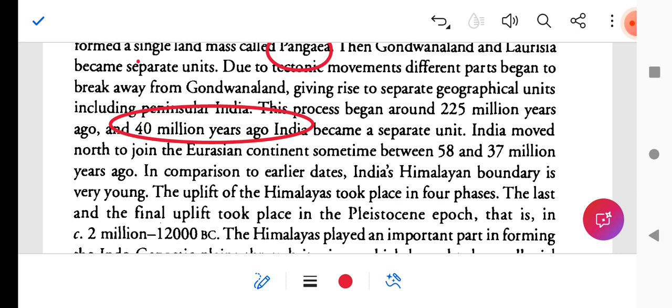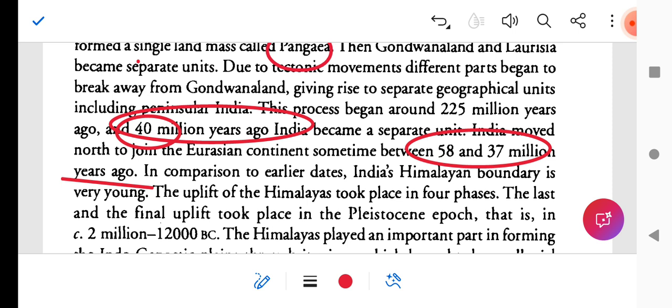India moved north to join the Eurasian continent sometime between 58 and 37 million years ago. So India was breaking from the African continent around 40 million years ago, and it was moving towards the north around 58 to 37 million years ago.